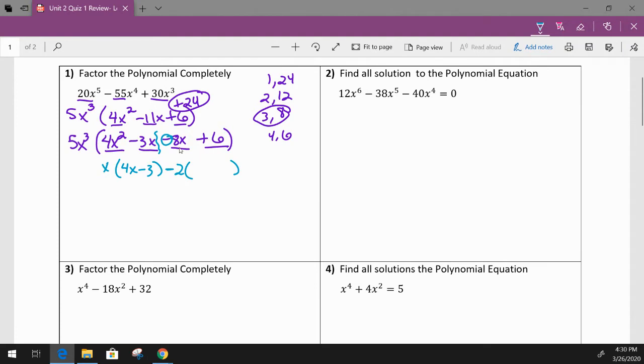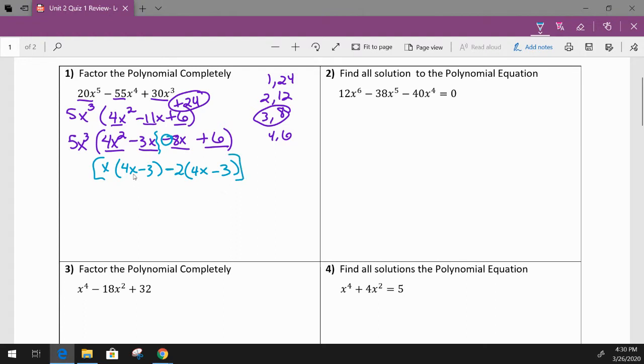When I'm factoring out negative 2, I'm dividing each of these terms by that negative 2. So negative 8 divided by negative 2 is a positive 4. Still have the x with it. And then 6 divided by negative 2 is negative 3. So again, you can see that these binomials match as they should.